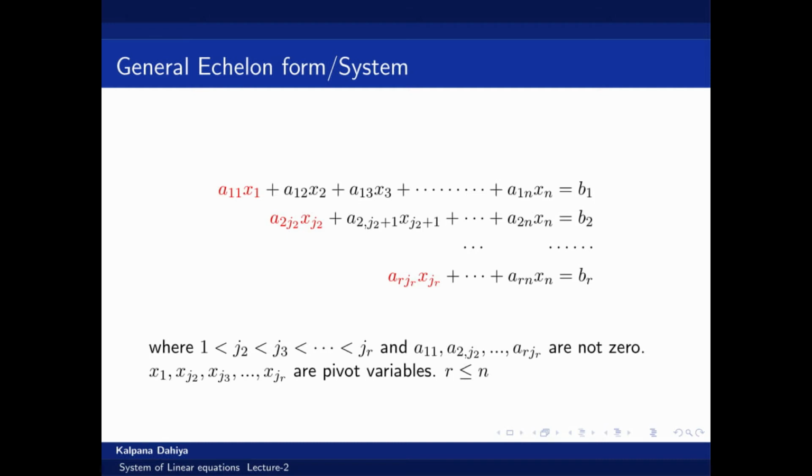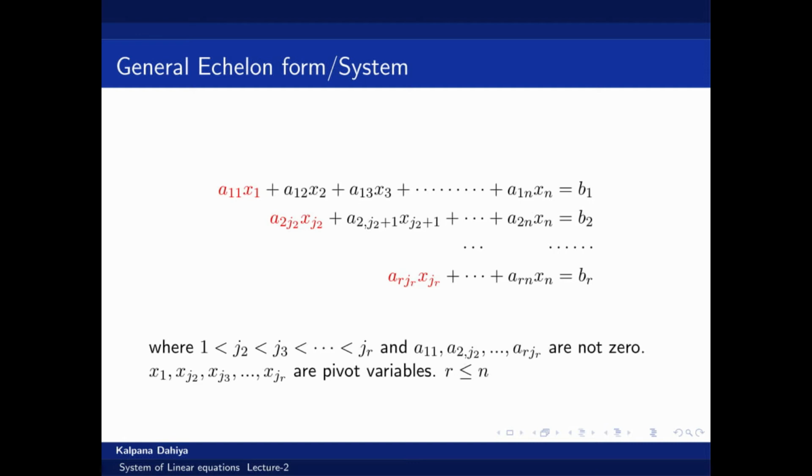Here we have n variables and the system has r equations. The leading unknowns x1, xj2, ..., xjr are such that the indices satisfy 1 less than j2 less than j3, and so on.